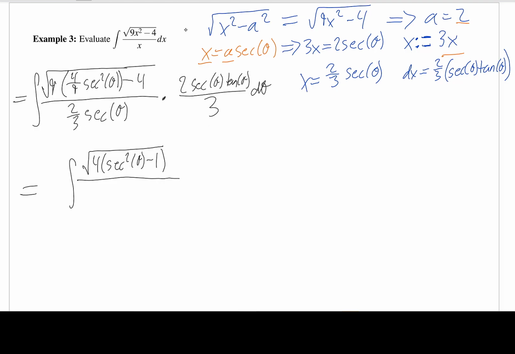And the other thing I'm going to do is multiply this 2 out in front of our integral. So we should have 2 secant theta down here. I pull the 2 out in front of here. This is times secant theta tan theta d theta. And now I notice that my 2s here are going to cancel.